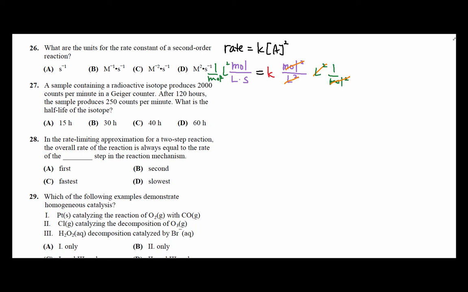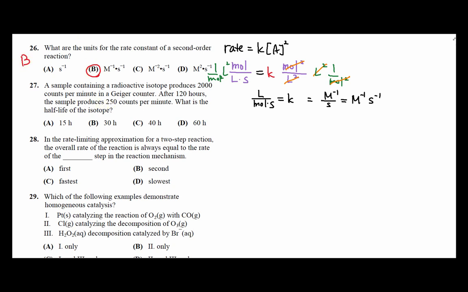Then that means on the bottom you have mole, and liter squared over liter, so you have liter on the top, and then second, equal K. This is like saying liter per mole, which is the reciprocal of molarity, and that's over second, but you can also write it without fraction form. So the answer is B.